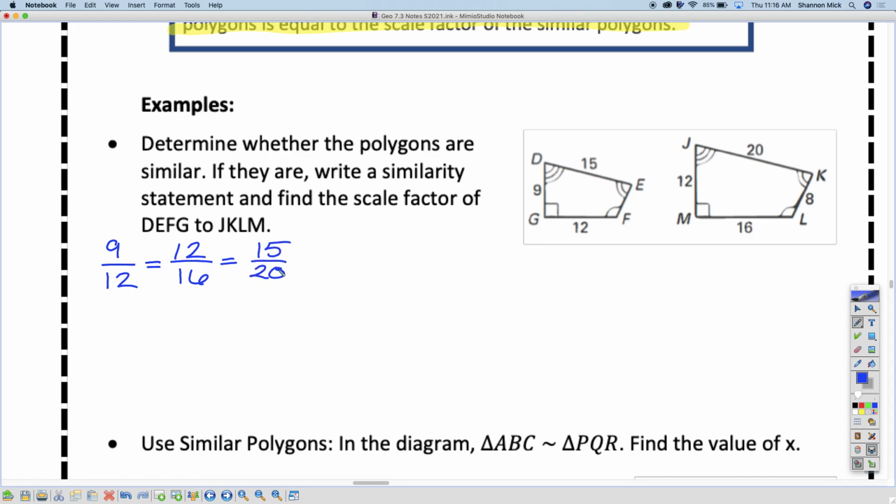Again, it doesn't matter if I put D, E, F, G in the numerator or J, K, L, M in the numerator, but all the way across you have to have the same polygon. Does that make sense? 9, 12, 15 are all in the left polygon, correct? Okay, 12, 16, 20 are in the right polygon. It doesn't matter which one's which, but it has to be the same.